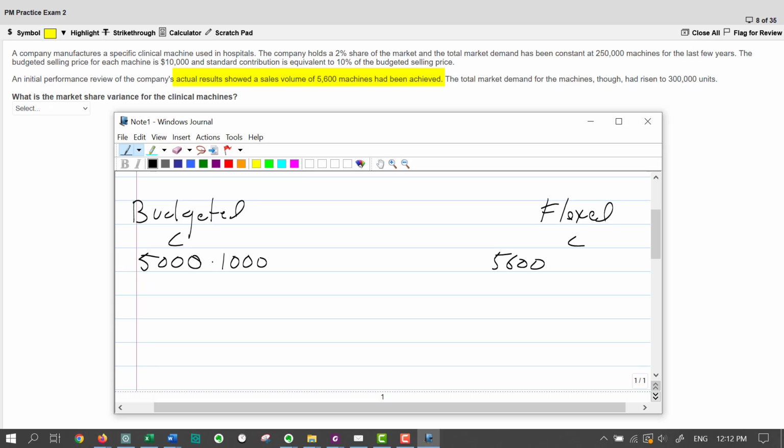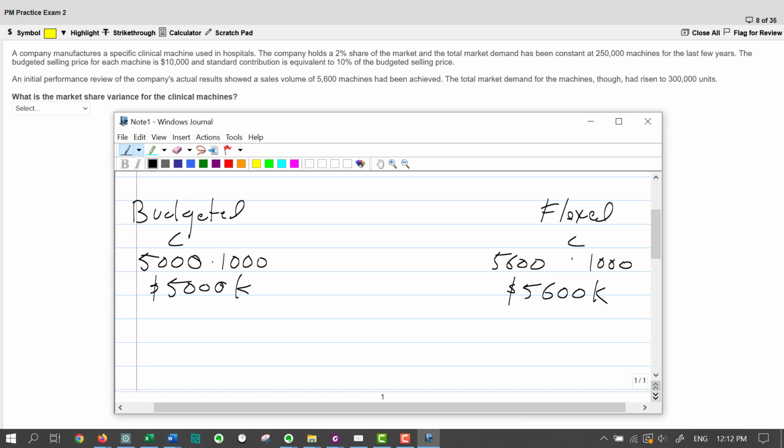And we multiply that again by 1,000. Okay? So if we do the math, that's going to be 5 million, or there we go, we can put it in thousands, it would look like that. The flexed contribution in 1,000 terms.